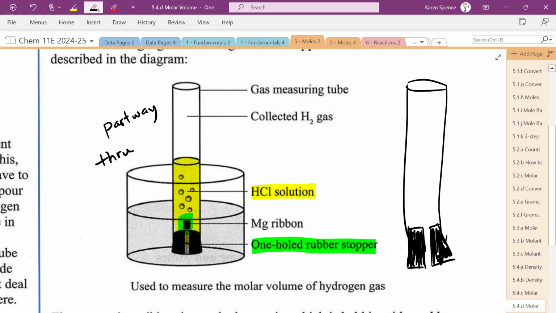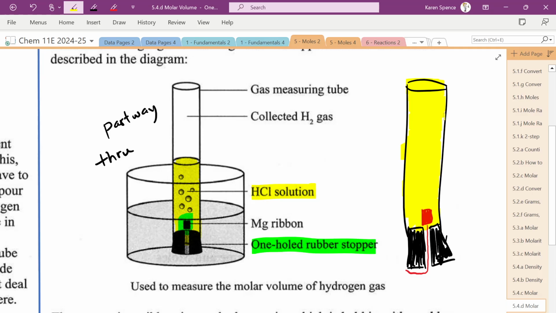There's our piece of magnesium ribbon. Okay, and we've threaded it up there with a copper wire because copper wire isn't reactive. Okay, you don't really have to worry about that too much. But anyway, so here's our magnesium. And at the very start, our HCl solution would go all the way to the top. Yes?